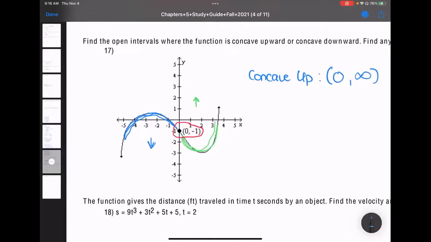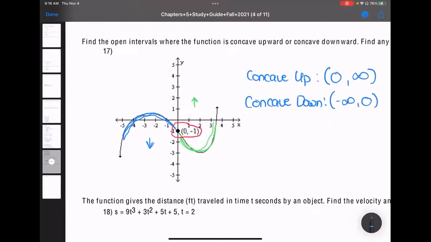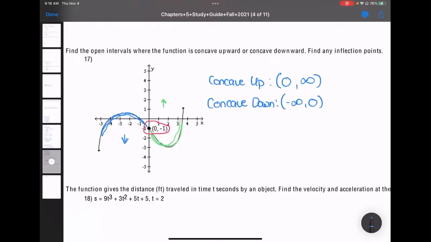And that's our green section there. And concave down is simply the other half of our curve here, -infinity to 0. Right? And we needed to find any inflection points. We have an inflection point right there. It's where it switches from concave up to concave down at 0, -1. And those are our answers.